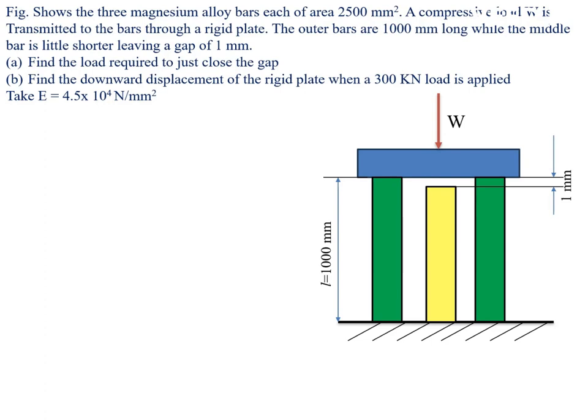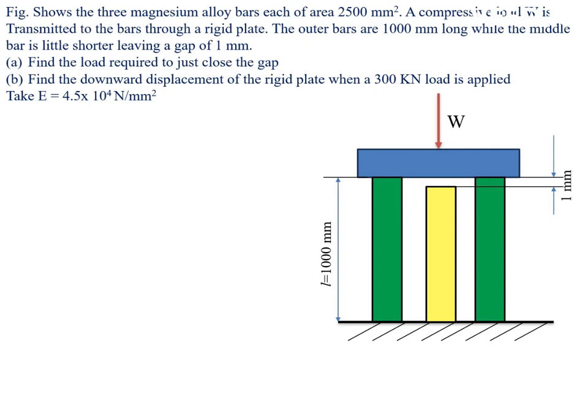Figure shows three magnesium alloy bars, each of area 2500 mm square. A compressive load W is transmitted to the bars through a rigid plate. The outer bars are 1000 mm long, while the middle bar is a little shorter, leaving a gap of 1 mm.